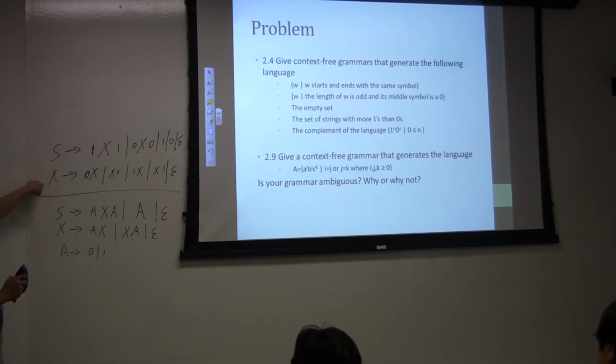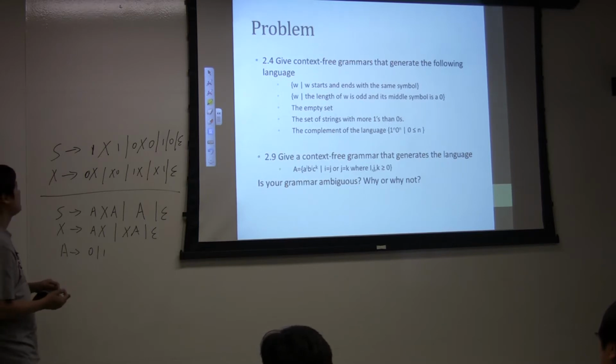Do you have to have the 0X and the X0? Because it can occur in the beginning or at the end. That allows it to recurse, to have an arbitrarily long string, right? If you had 0X, then you wanted to add another 0 or another 1 to it, you could. But this only adds zeros at the beginning.